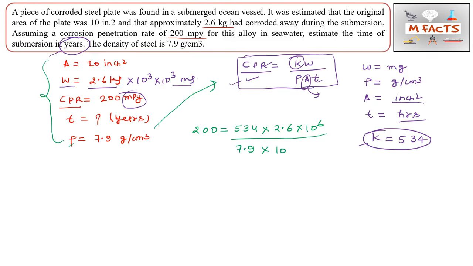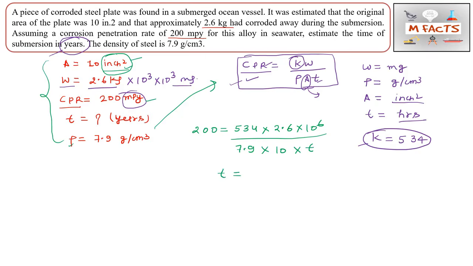Suppose they do not give it in inch square, we will change it into inch square from the other unit. Because if they give the unit in mils per year, we need to take area in inches square only. We cannot take this area in meter square or centimeter square here if we want to calculate in mils per year.